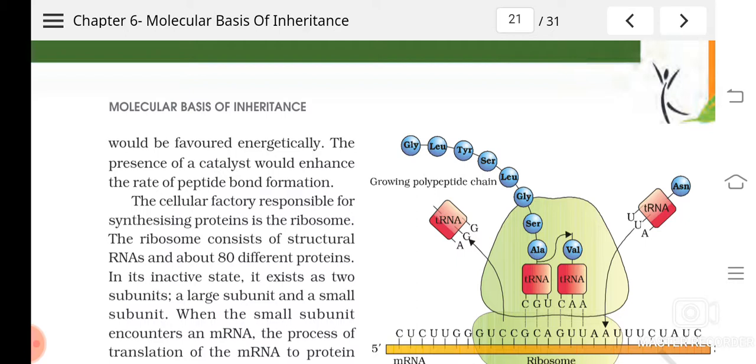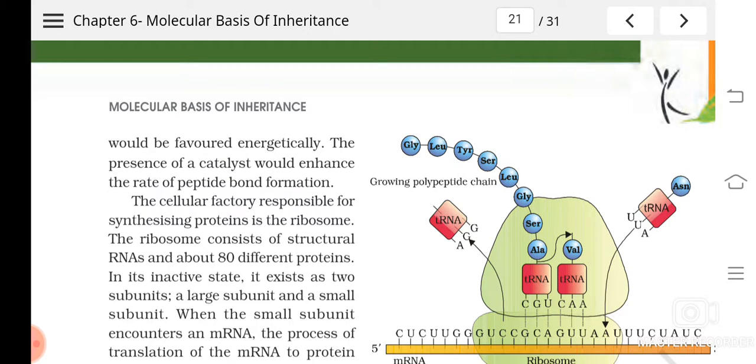When they are moving like this, what will happen? The larger subunit has two sites, which help the tRNA to get attached to the mRNA, by complementarity. Codon and anticodon are complementary to each other, so they come and bind to that site.